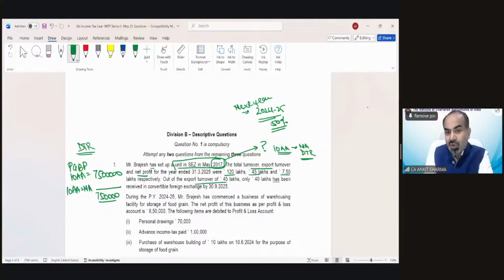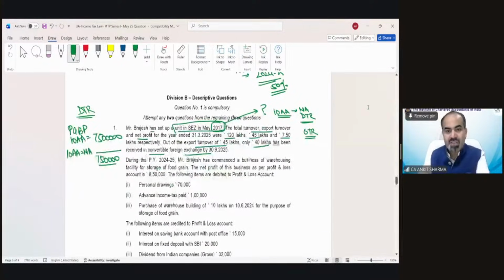Out of the export turnover of 45 lakh, only 40 lakh has been received in convertible foreign exchange by 30th September 2025. This information would be relevant for optional tax regime, but not applicable for default tax regime. So when we solve this question as per optional tax regime, we will find the deduction under section 10AA on the basis of the information given. Let's skip it right now.